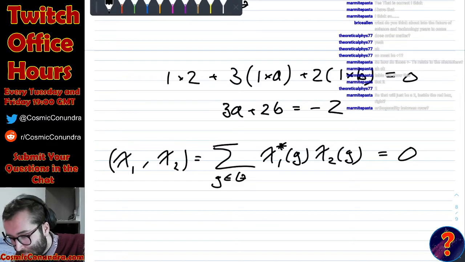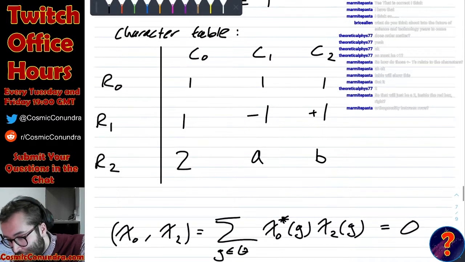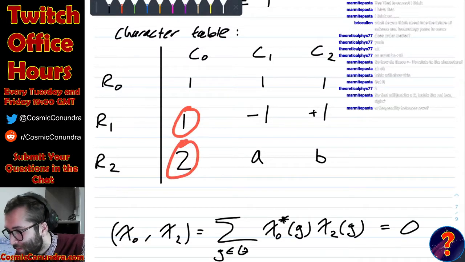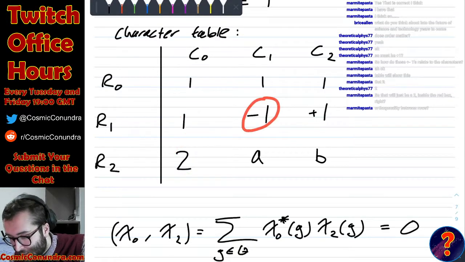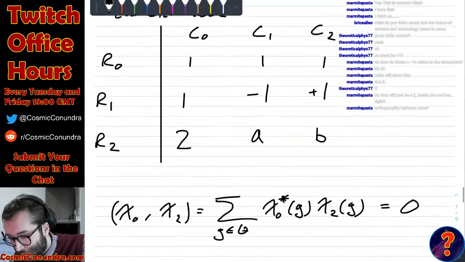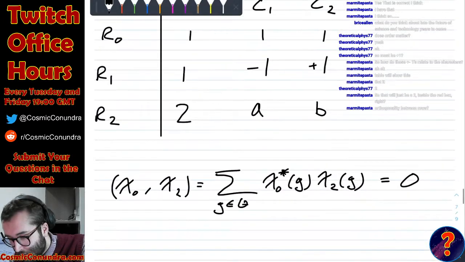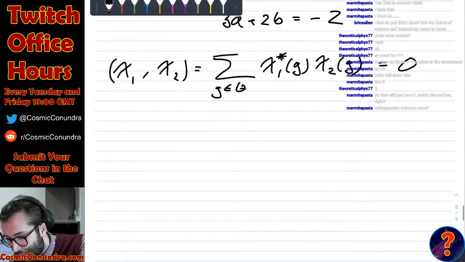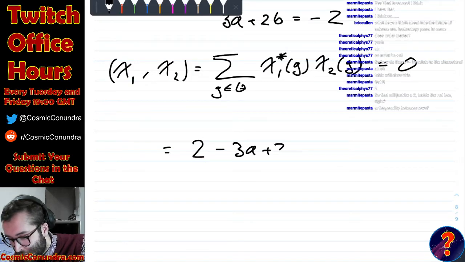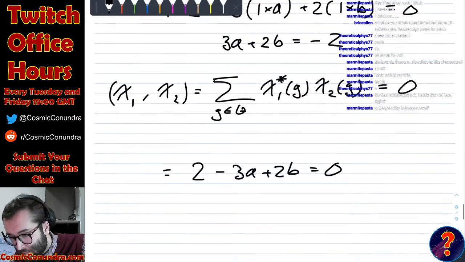So these two elements, that's just 1 times 2, plus 3 times minus 1 times A, plus 2 times 1 times B. So now it's just 2 minus 3A plus 2B equals 0.